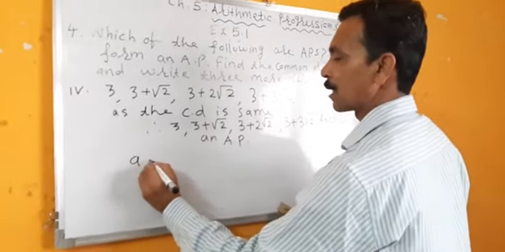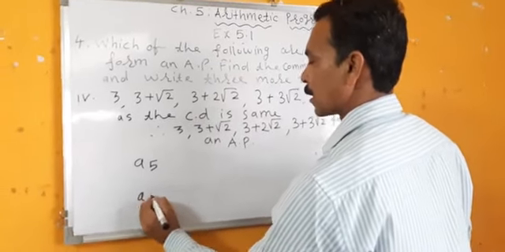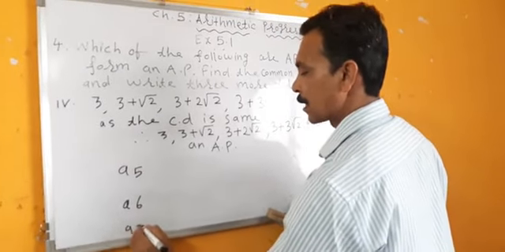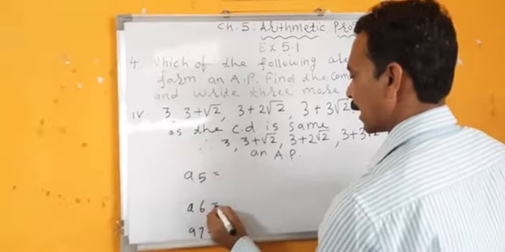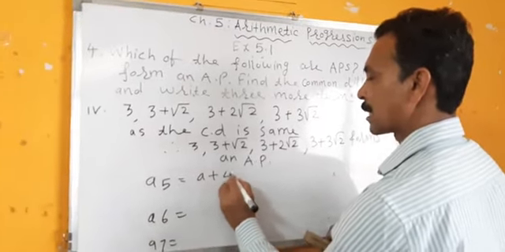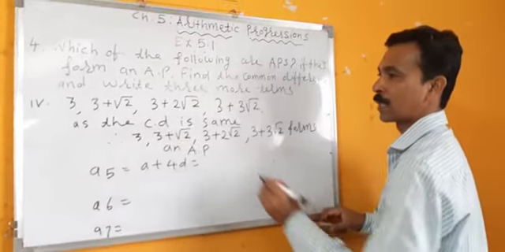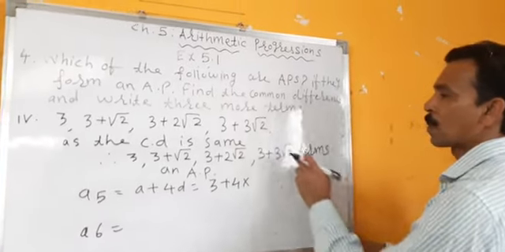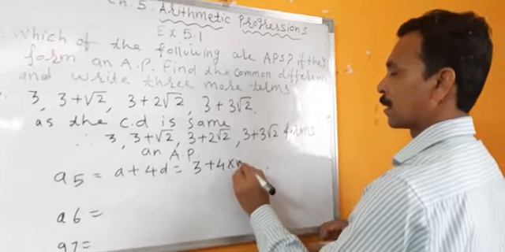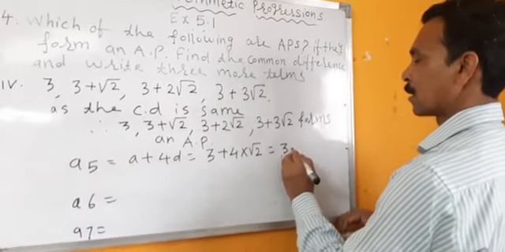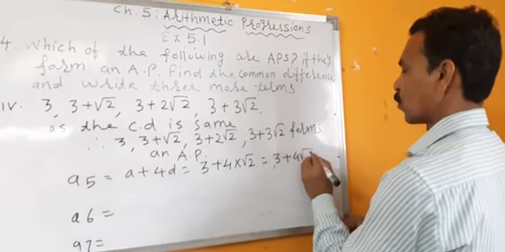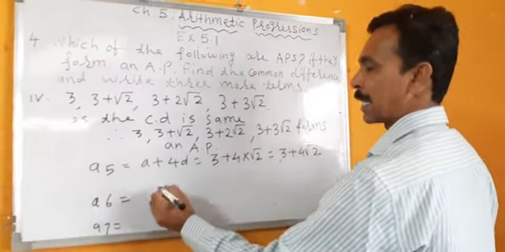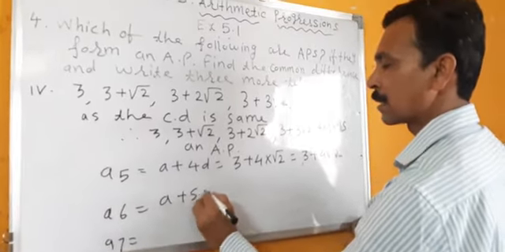Which are the more 3 terms? A5, A6 and A7. A5 is equal to A plus 4D. What is A? 3, plus 4 into, what is D? Root 2. So it becomes 3 plus 4 root 2. A6 is A plus 5D.